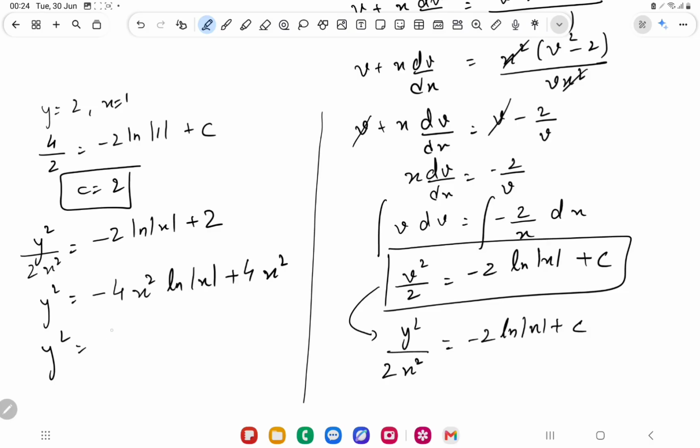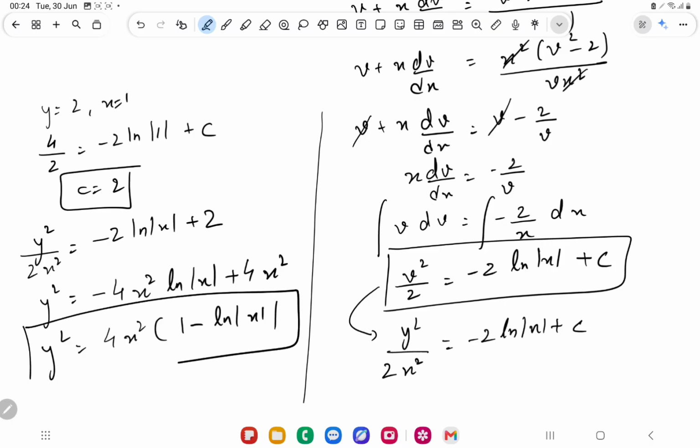If I take 4x square common, so I can write my final answer in this form. And the question was, you have to write your answer in y square is equals to f(x) form. So here it is. And that's all for this video.